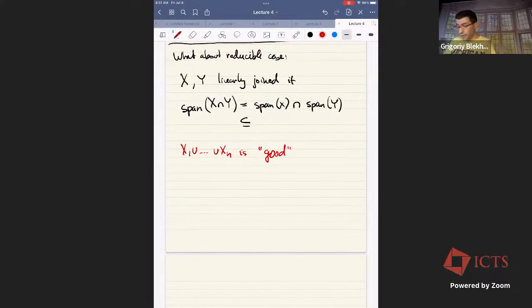X1 union ... union Xn is good if there is an ordering, but in order to not introduce indices, let's just pretend that 1 up to n is this right ordering, such that X2 is linearly joined to X1.